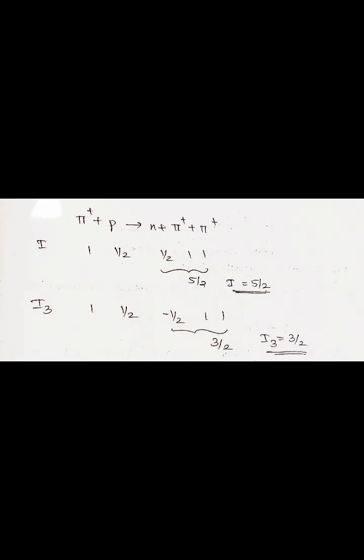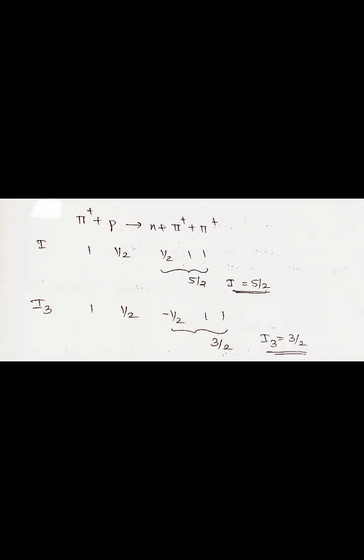So the I value can be written as 1, half, half, 1, 1. The RHS gives the value as 5 by 2. That is, the sum of the value of I for the n, pi plus and pi plus is 5 by 2.